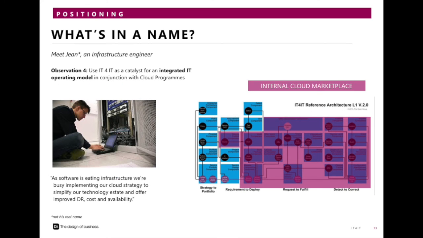And what we see as well is that within IT organizations that are, let's say, more traditionally siloed, there's an opportunity to use IT4IT as a catalyst to move towards a more integrated IT operating model. So lots of large enterprises are on their journey to implement clouds, and we see that infrastructure organizations are assuming the role of implementing cloud because it makes logical sense to move up the stack.